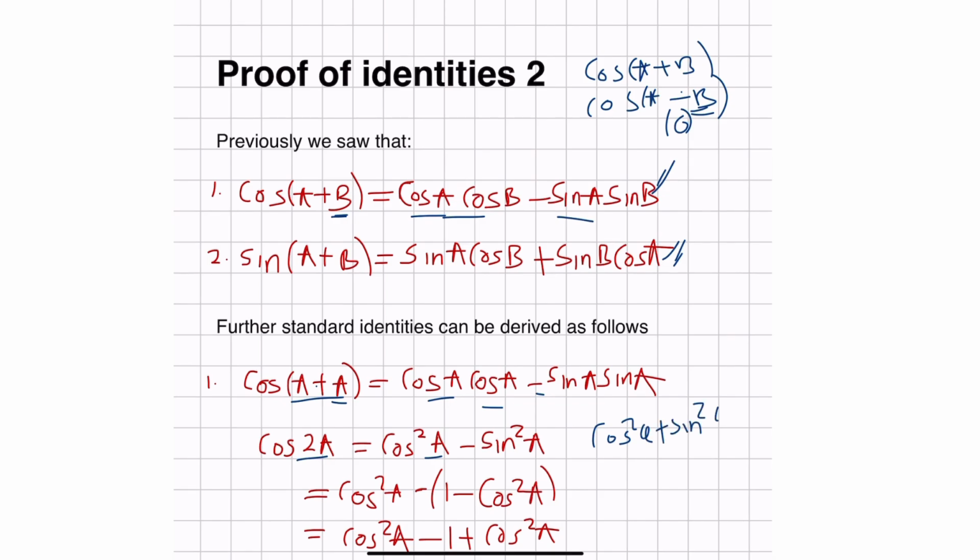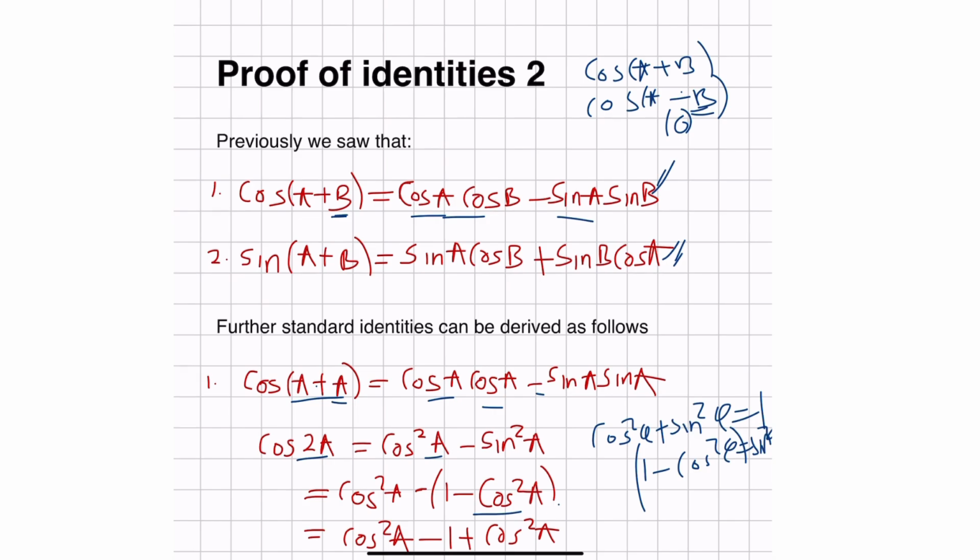So we can make sine squared theta the subject of the formula. That is what we've done here. If you make sine squared theta the subject of the formula, you're going to get 1 minus cos squared theta being equal to sine squared theta. Meaning to say, where we've got sine squared theta, we can substitute with 1 minus cos squared theta. That's where the 1 minus cos squared theta here comes from.